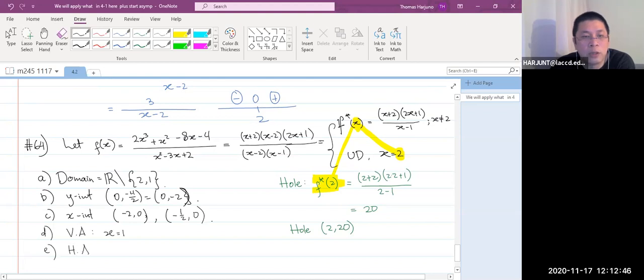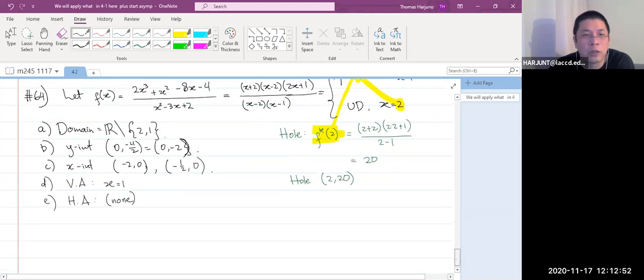Horizontal asymptote: the degree on the top is more, so there's none. But the degree on the top is 1 more than the degree at the bottom, so I can find the slant asymptote. For the slant asymptote, let me look at the simplified version.